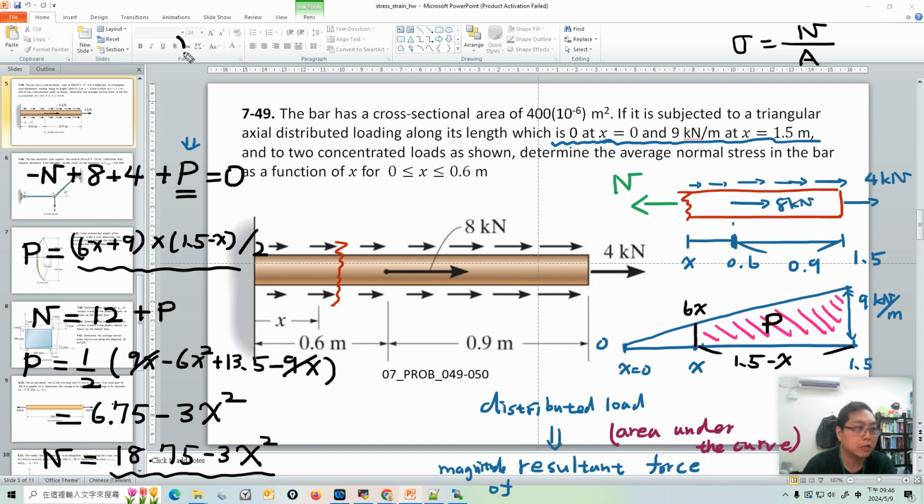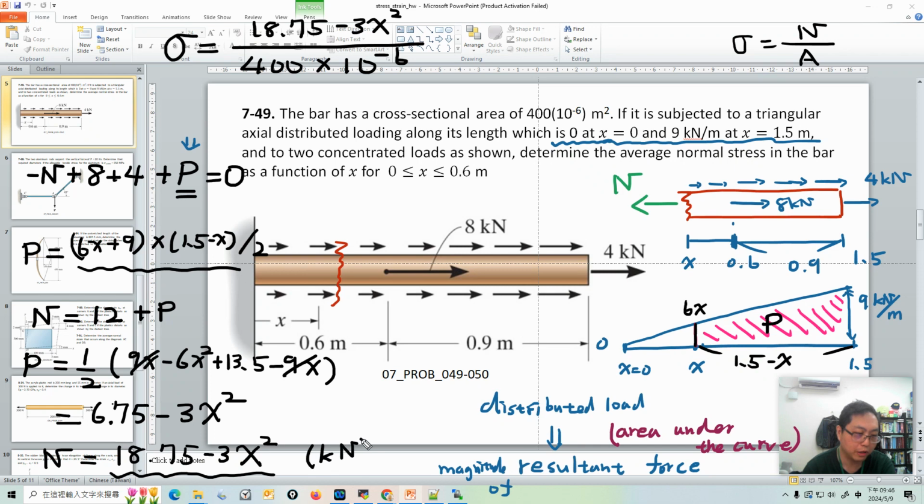So what is our normal stress? We give you the area, 400 times 10 to the power minus 6. So it's 18.75 minus 3x squared. Be careful, this is kilonewton, so we have a factor of 10 to the power 3.